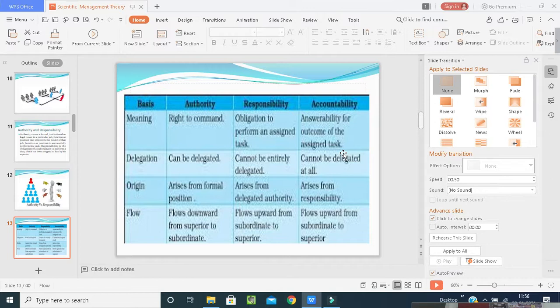Coming to the flow, authority flows downward from superior to subordinate. Responsibility flows upward from subordinate to superior. Accountability flows upward from subordinate to superior.